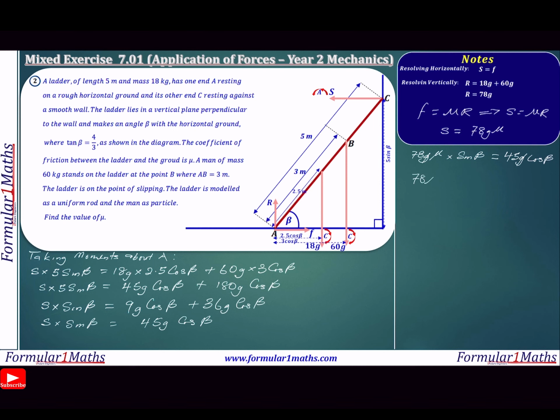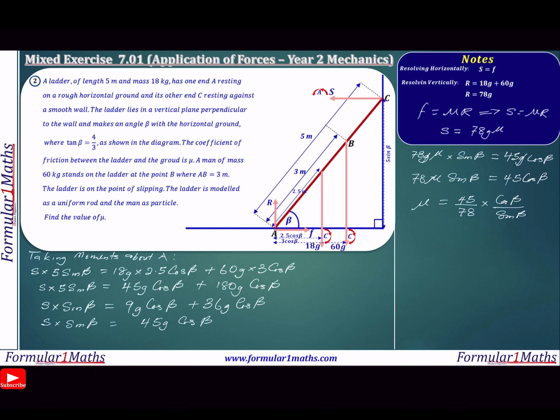78 mu sine beta is equal to 45 cos beta. I can now rearrange this equation to make mu the subject. So mu is equal to 45 over 78 times cos beta over sine beta.